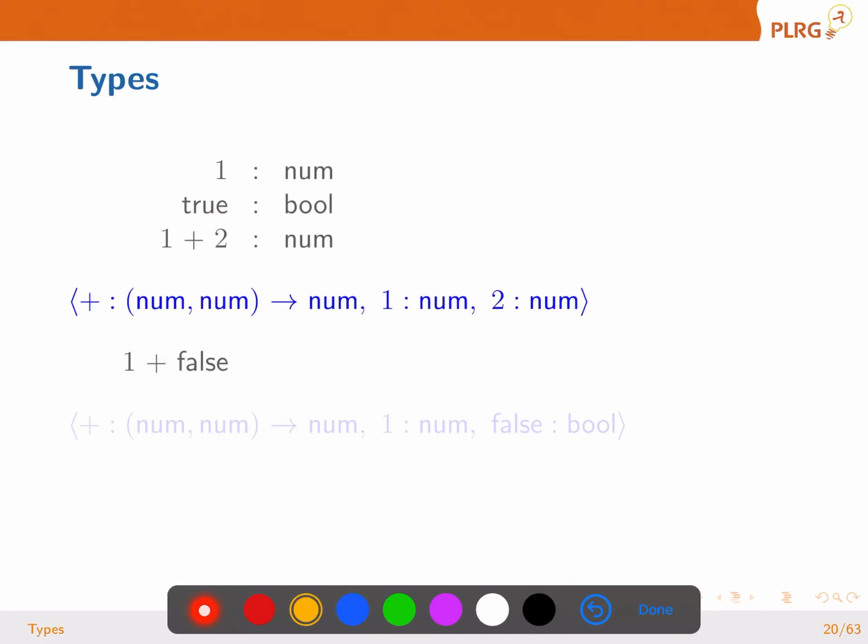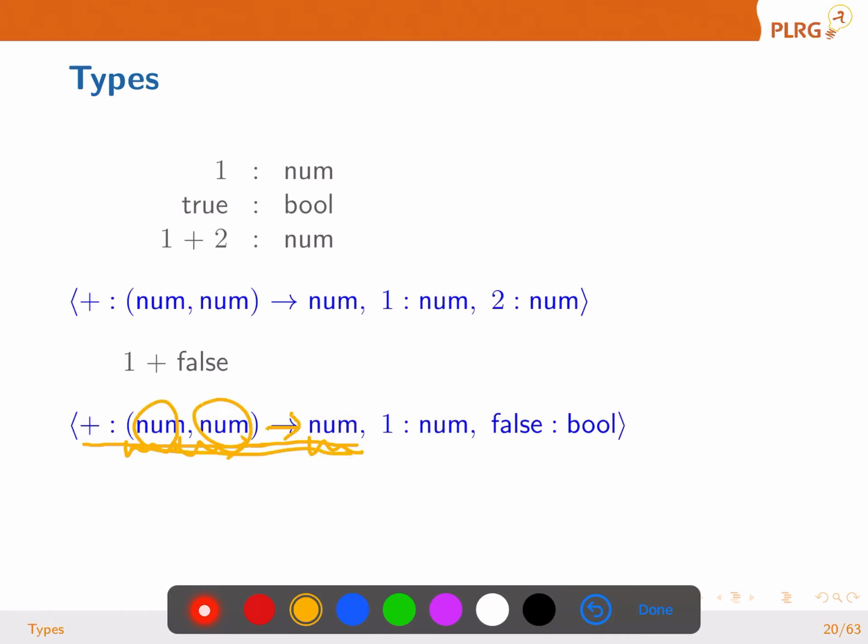1 plus false. Yeah, all we know is that addition is a function which expects 2 numbers, produces a number. It's a promise or contract. All it says is that if you give me 2 numbers, I promise to give you a number back. But if you do not give me 2 numbers, I don't promise anything because you broke the promise.